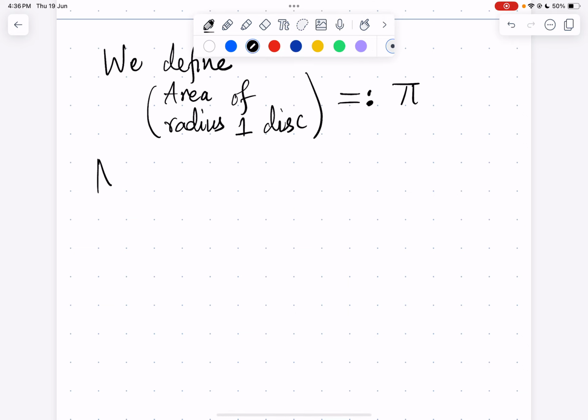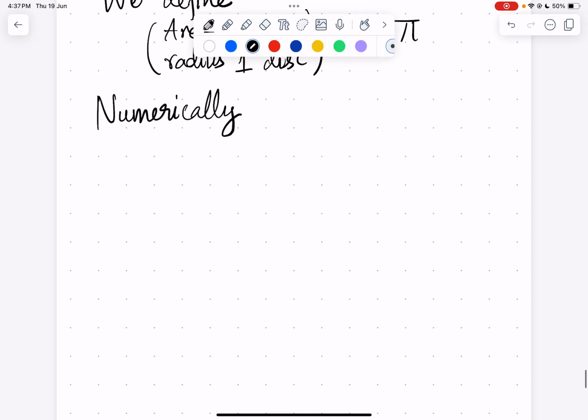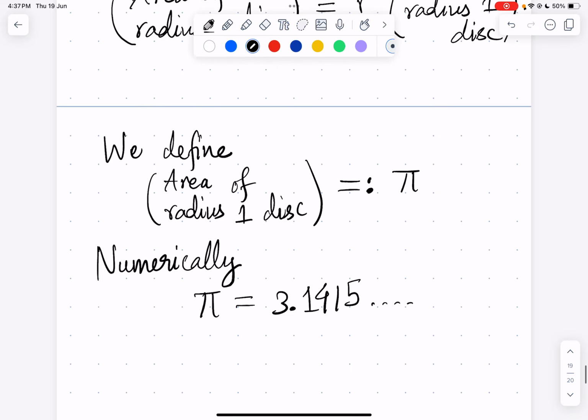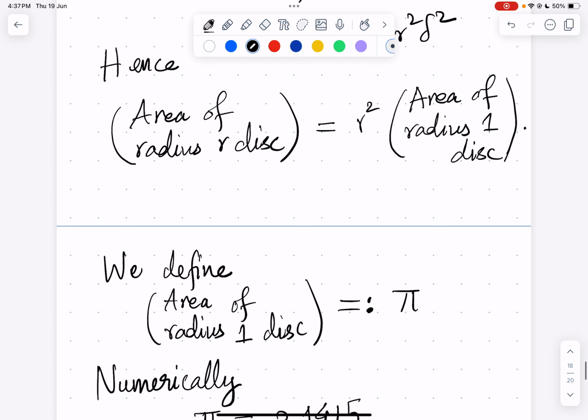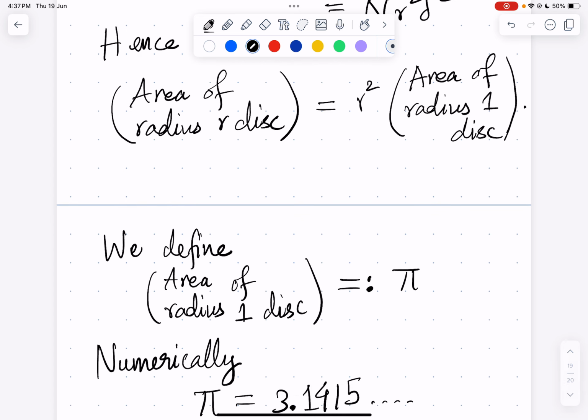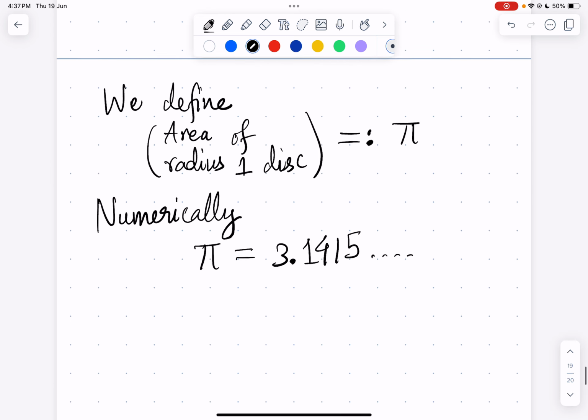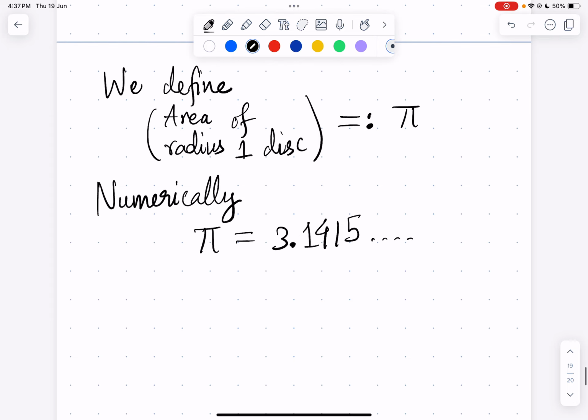Numerically, it turns out pi is roughly 3.1415 and so on. So pi has this decimal approximation. We define the area of the radius 1 disk to be pi, and numerically it turns out to be close to 3.1415.